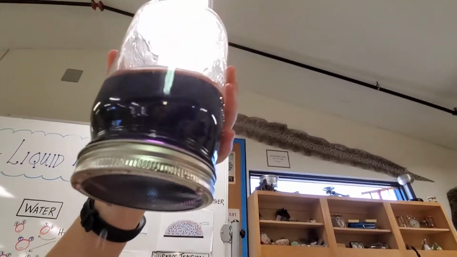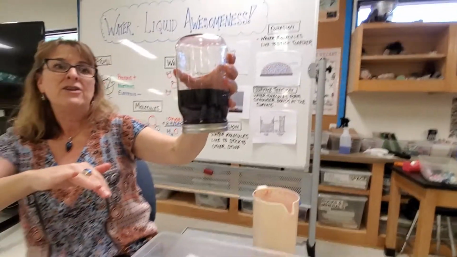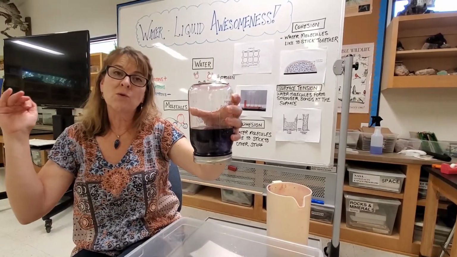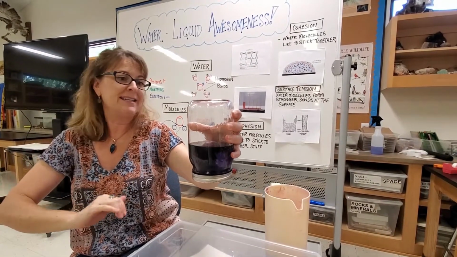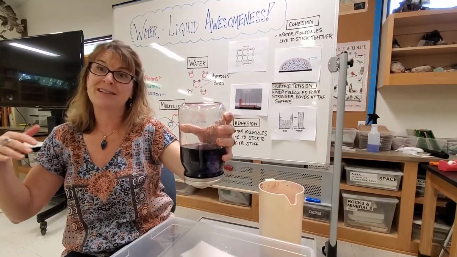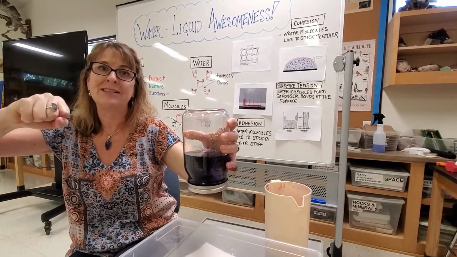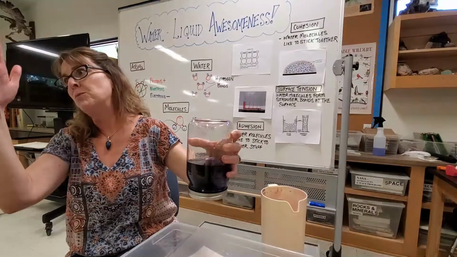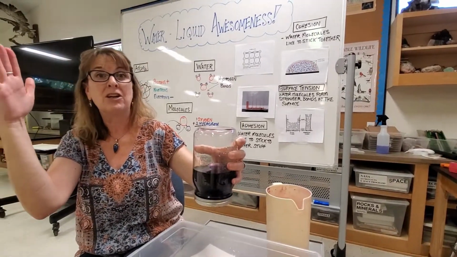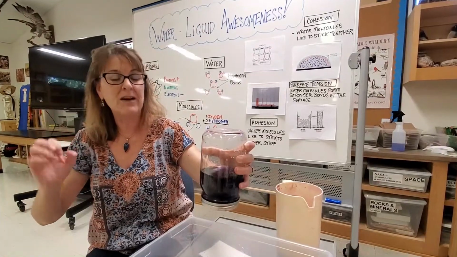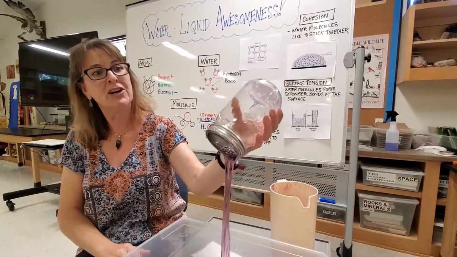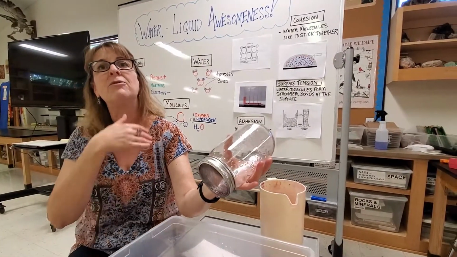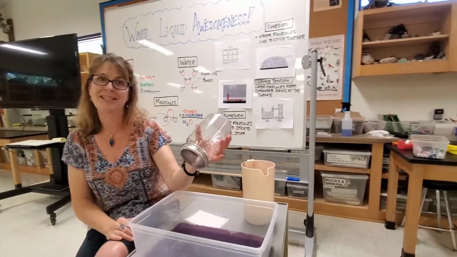Now, if I tip the jar sideways, those little water molecules start rolling across each other and they can't hold on anymore. It's kind of like if you guys were all holding onto a rope net and I tipped the rope net up, and if one person let go, it would tumble down all of the other people and nobody could hold on anymore. And that's how it breaks the surface tension.